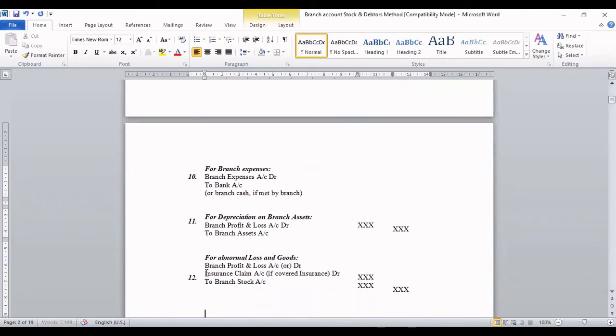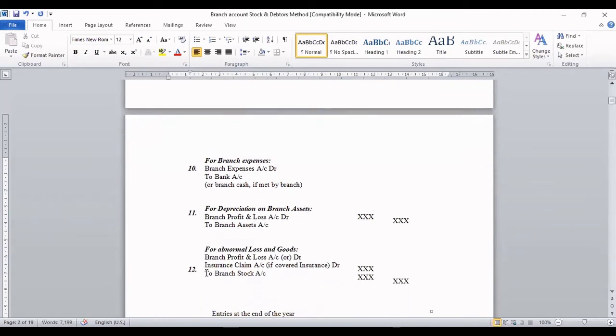If there is any abnormal loss of goods, in that case again I have to debit my branch P&L. If there is any abnormal loss, the entry will be branch P&L account debit. If I have received something from the insurance company out of that loss, for that I have to debit insurance claim account, and credit will be given to branch stock because it is a loss of goods.